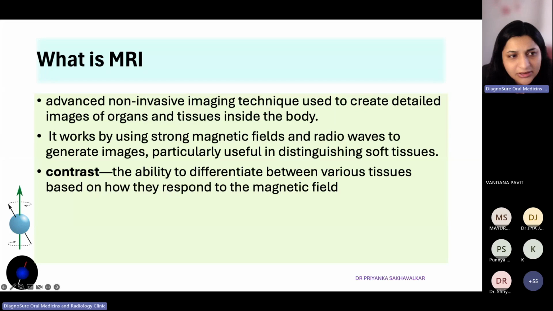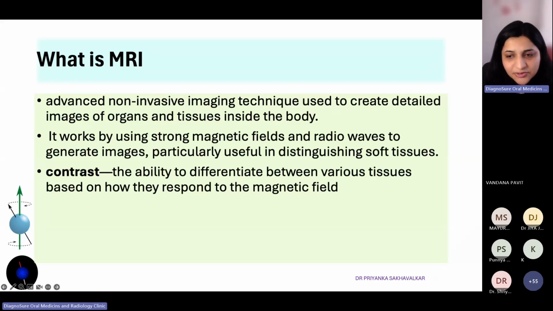In MRI, the key factor that allows us to identify different tissues is contrast, like I said previously. So what we look for in MRI, first is soft tissue contrast, differentiation between muscle, fat, potential lesions and tumors, all that we can see non-invasively without use of any ionizing radiation. Then pathology detection, identifying areas that deviate from normal tissue patterns, that are often seen because of the contrast.